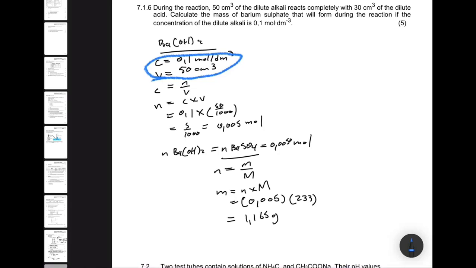So from there we find the number of moles of the dilute alkali, and we use those moles to find the number of moles of the barium sulfate, right? And from the number of moles we calculate the mass here, right? High school chemistry is basically finding the number of moles of one reactant and using it to find the number of moles of the other, and from there you'll find either the concentration or the mass.